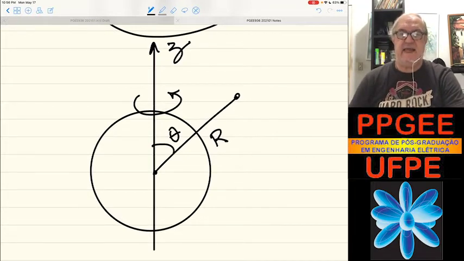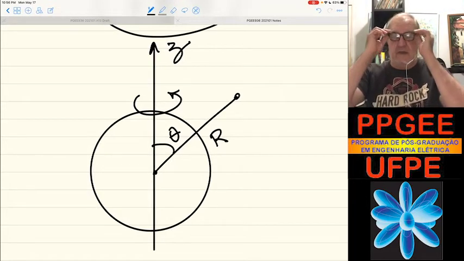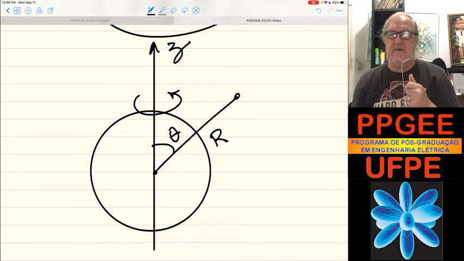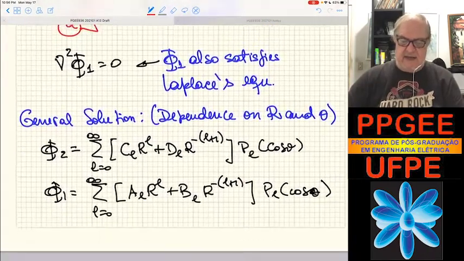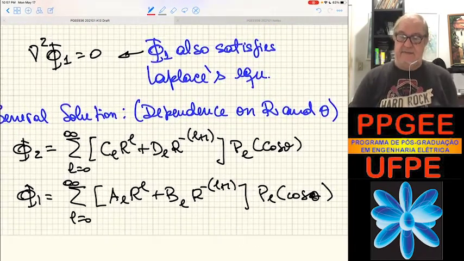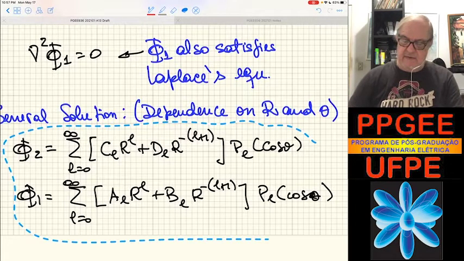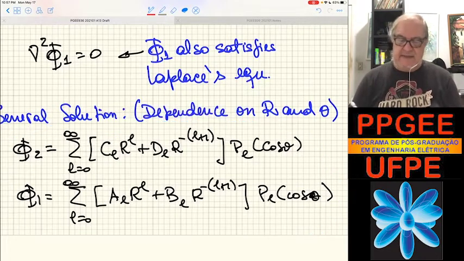And if that's the case, we know that the potential is going to be that standard form, positive power of r, negative power of r, and Legendre polynomials of order L. So that's what we're going to have inside and outside, right? Very similar to the previous example. And again, we are going to avoid singularities.